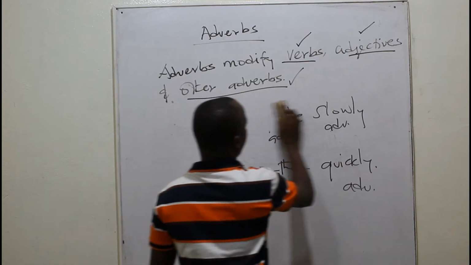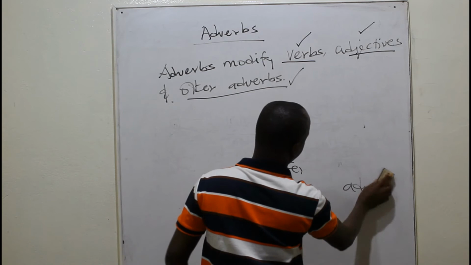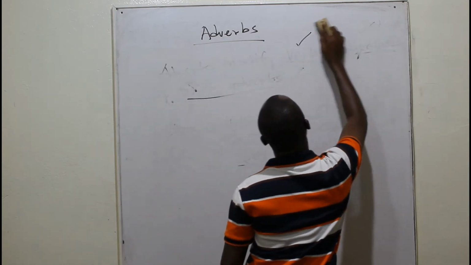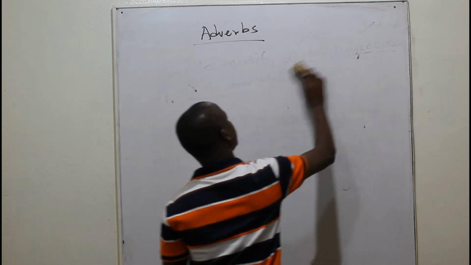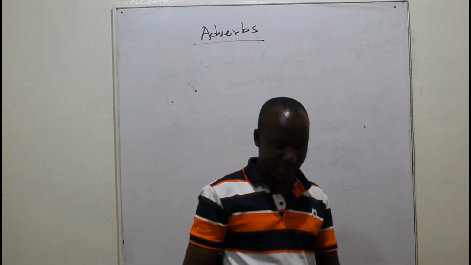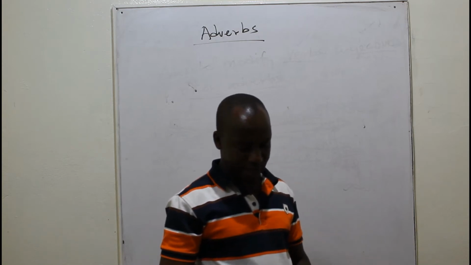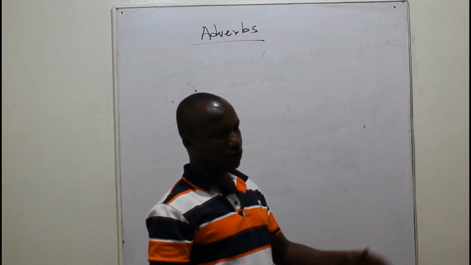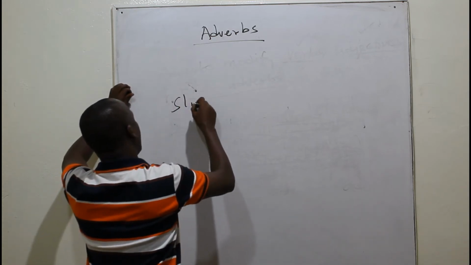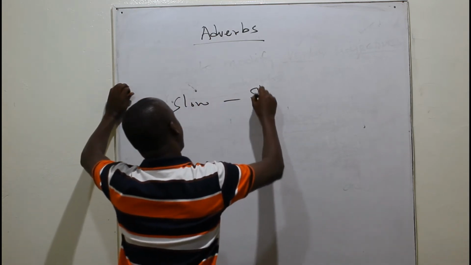Now, let us look at forms of adverbs, having known the definition. Most adverbs take ly as their end. So, for example, when we want to convert adjectives to adverbs, if we have slow, it will be slowly.